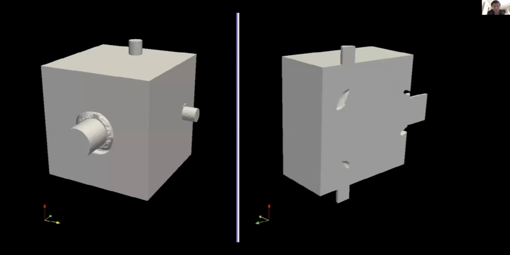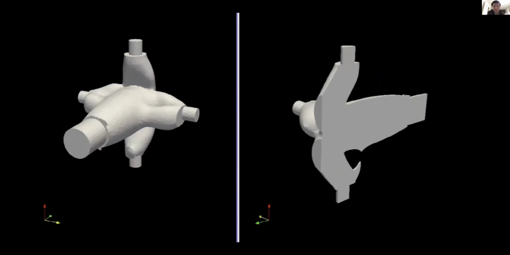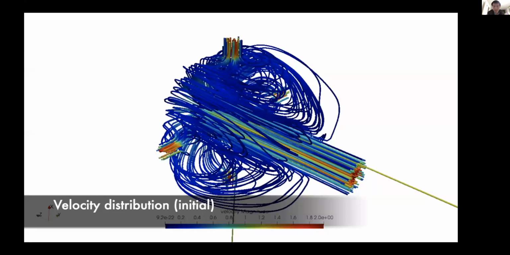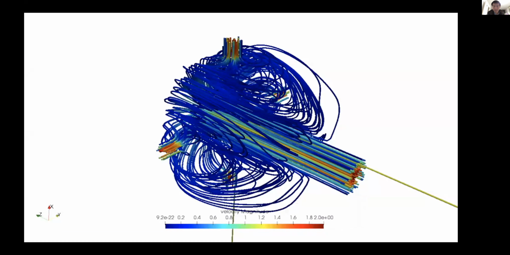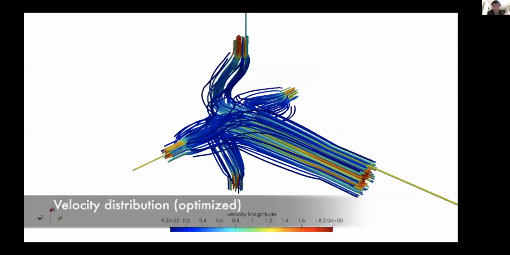In this example, we are optimizing the channel layout to minimize the power dissipation of the fluid flow system. So we can see the flow velocity distribution before and after the structure is optimized.